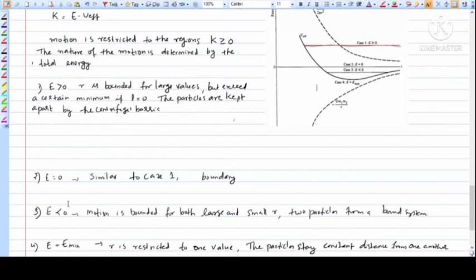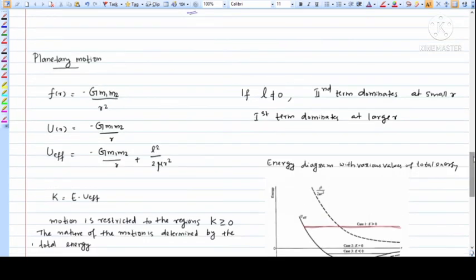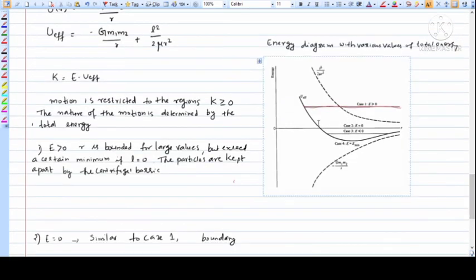In the second case, E is equal to 0. This is similar to case 1, and this is the line where E is equal to 0.